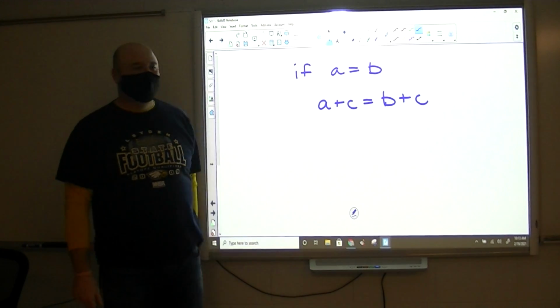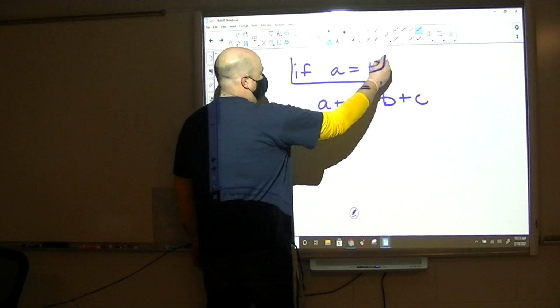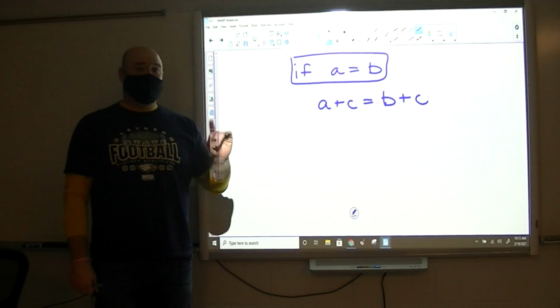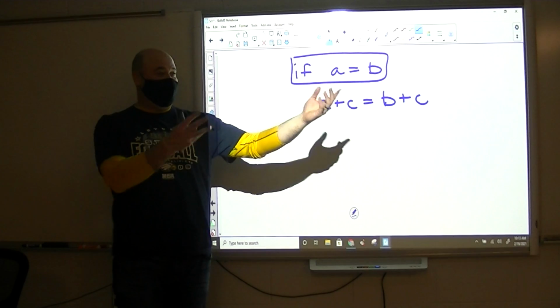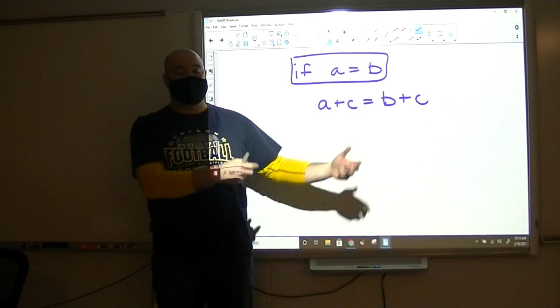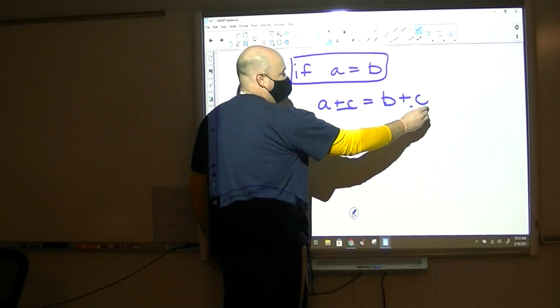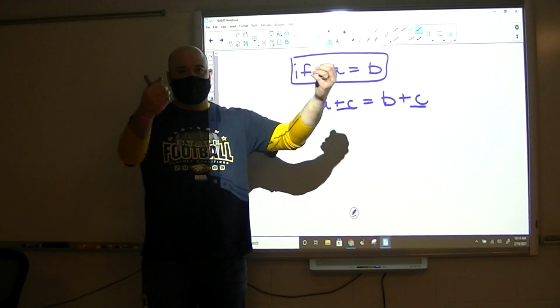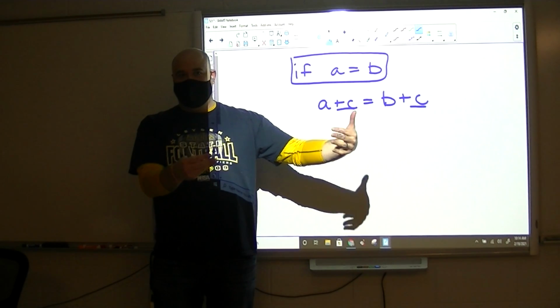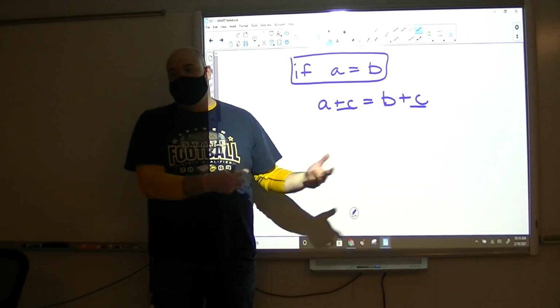Right? But it starts with this condition. It starts with the condition that you know for a fact that these two sides are the same thing. And if they are the same thing, then adding the same value to both sides still produces an equivalent statement. Okay? That's the addition property of equality.